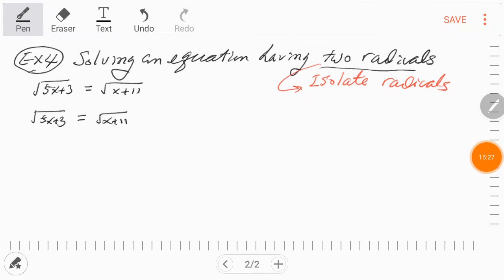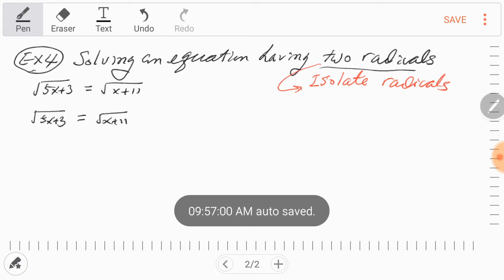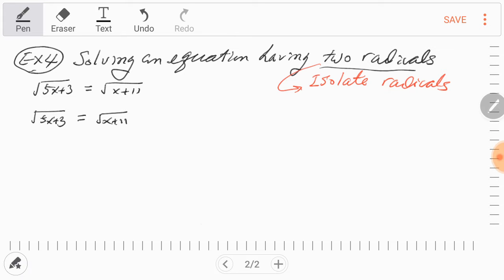This example has an equation with two radicals, one on one side and the other on the other side. Whenever we have two radicals, make sure that we isolate the radicals, so one side of the equation has one radical and the other side has the other radical.